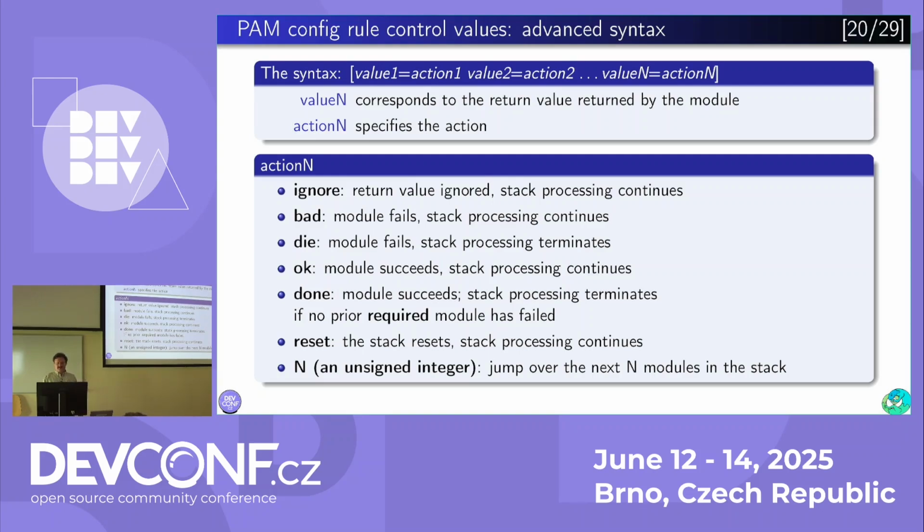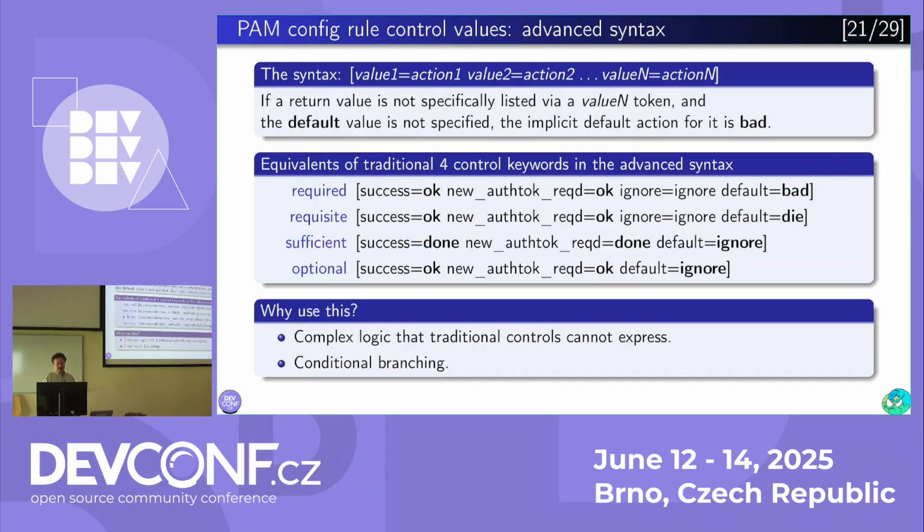There's also reset, which is not really used nowadays, and a very important thing: you can specify an integer number, and this means to jump over the next n lines in this stack. That is, the next lines in this management group. So you can describe basic control values in this syntax.